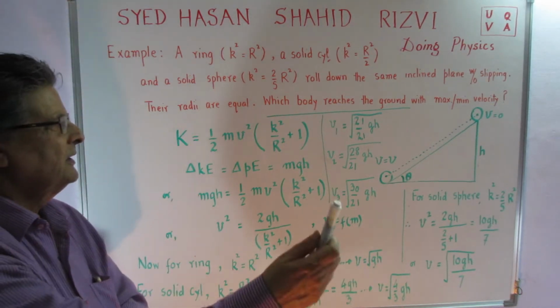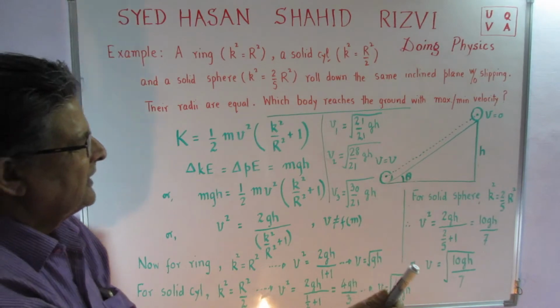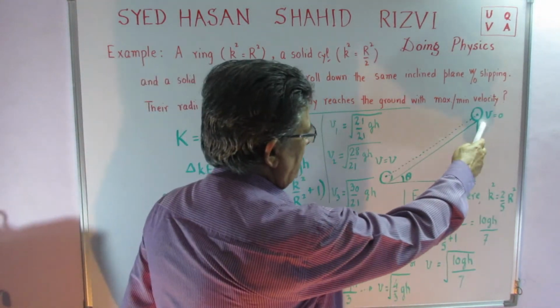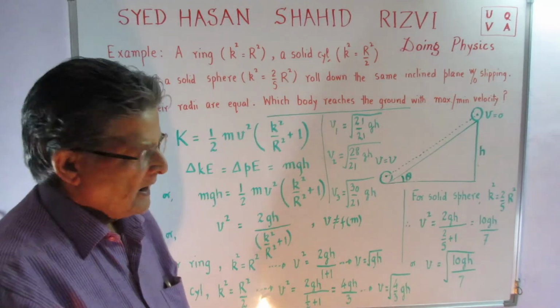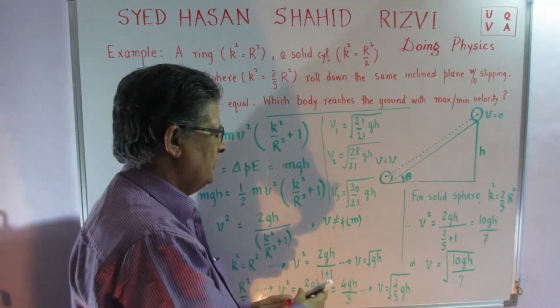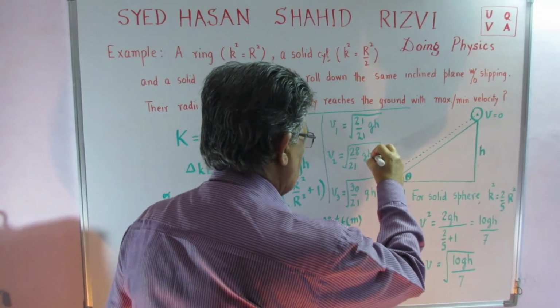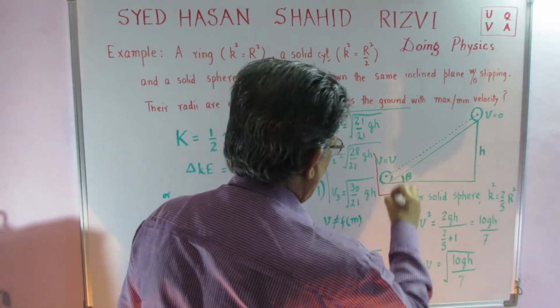So you can see that the velocity of the body when it starts rolling is equal to 0, and the velocity when it reaches here is v.